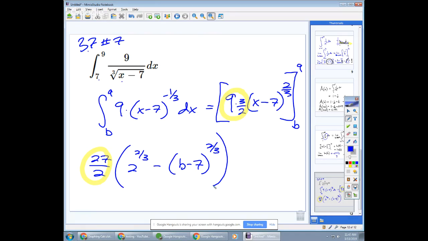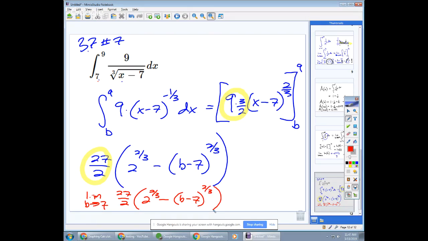And now I'm ready to take the limit to see what happens. So I want to know what's the limit as b goes to 7 of 27/2 times 2 to the 2/3 minus parentheses b minus 7 raised to the power 2/3.